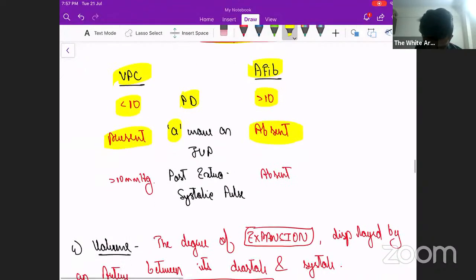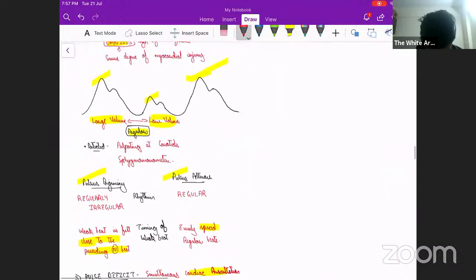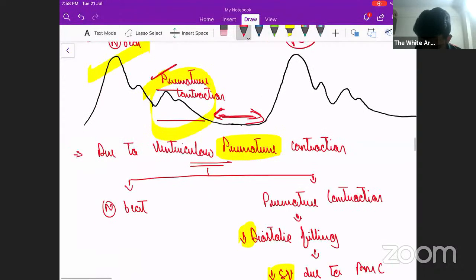Next one is a phenomenon called post extrasystolic pulse. What happens over here is, in case of ventricular premature contraction, we saw that there was a compensatory pause. When this compensatory pause is present, there will be increased diastolic filling.